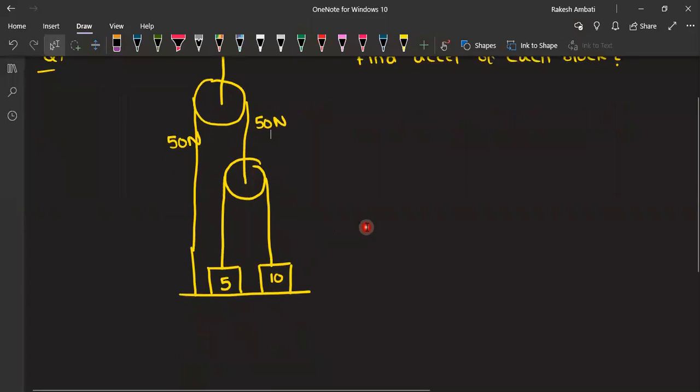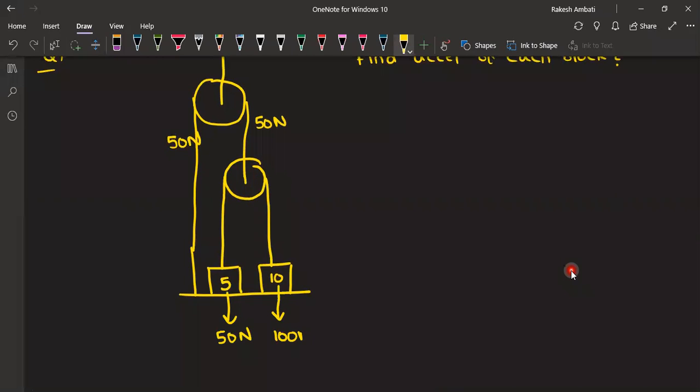And before that, here it is a 5 kg block. So mass is 5 kg, so its weight is 15 newtons. Then its mass 10 kg, so weight is 100 newtons. That means to lift this 5 kg block, minimum we require 15 newtons.